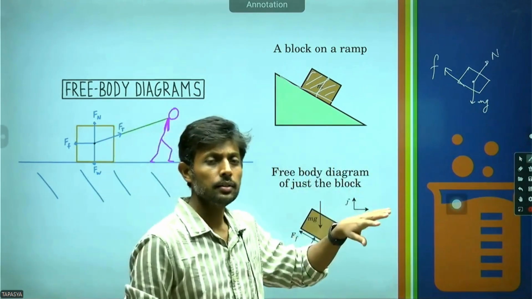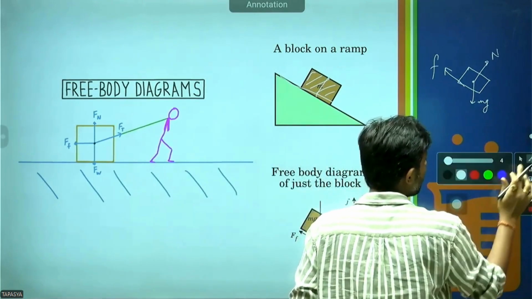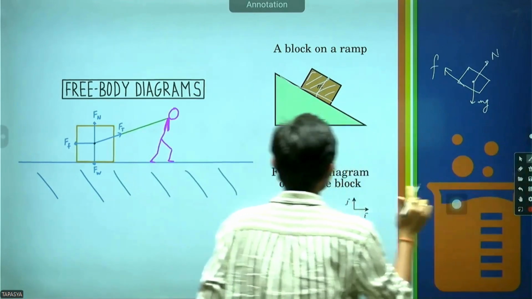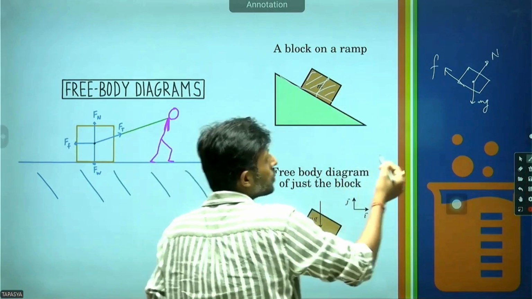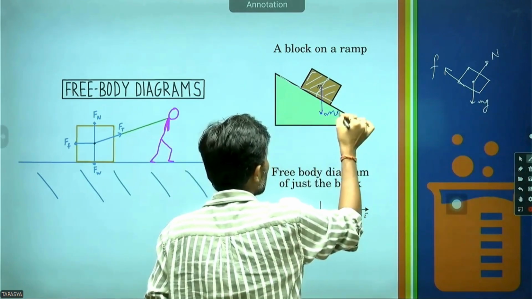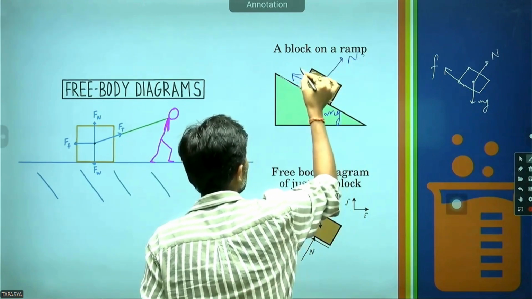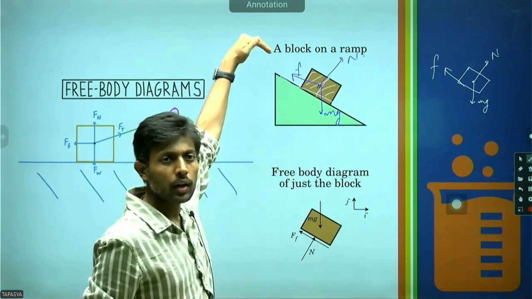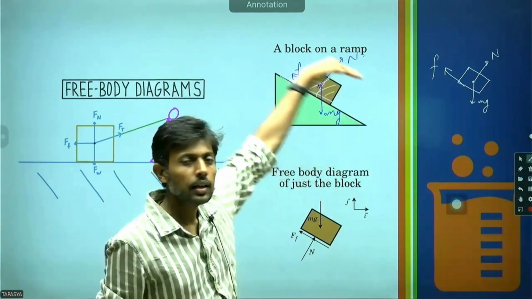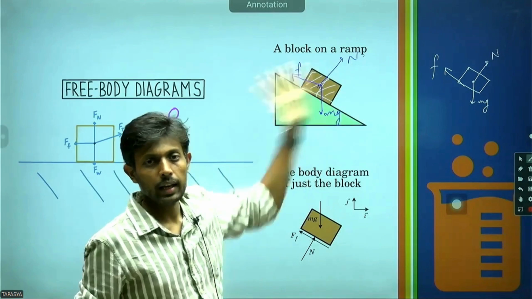That's another matter. If you have to find out the acceleration of this block, you would have to do something called force balancing. So what you do is, we know mg is acting this way, normal reaction acting this way, frictional force acting this way. We have to find out the acceleration along the incline. So find out all the forces acting on this object along the incline.